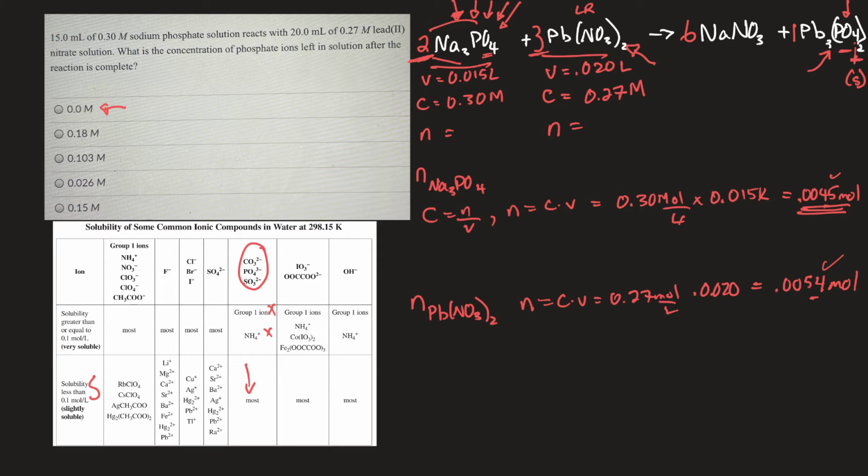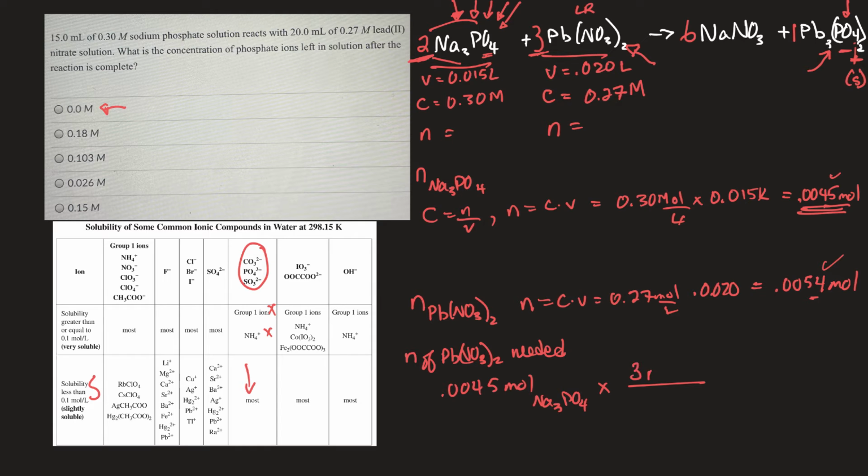So let's try that. So I have moles of lead nitrate needed, that's what I'm doing. So I have 0.0045 moles of sodium phosphate times my mole ratio.